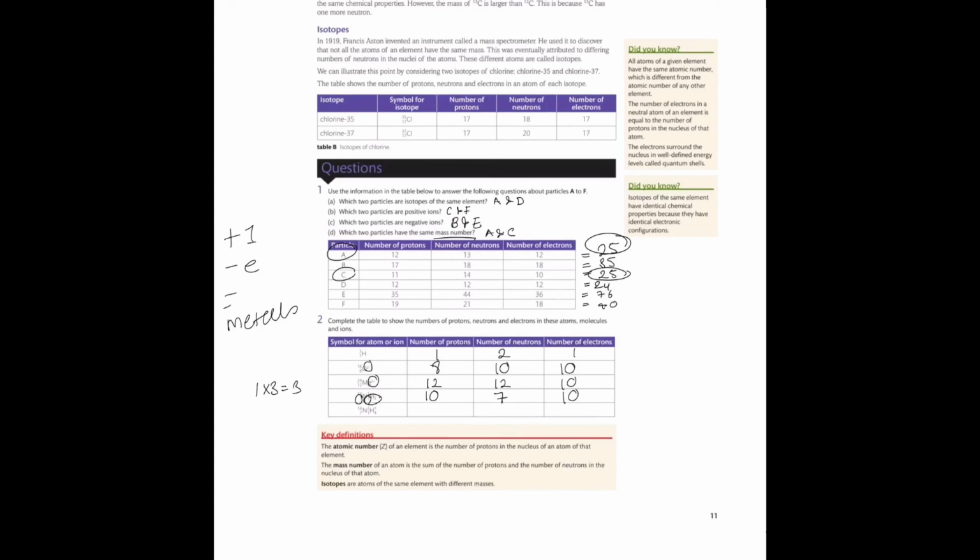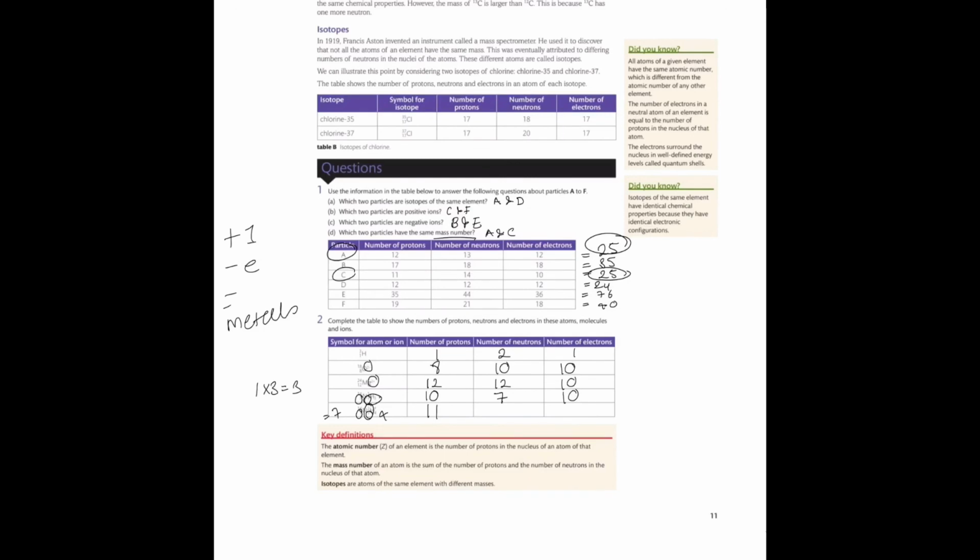Okay, and now the last one, number of protons. So we'd have 7 here, and we would have 1 here, but once again we have 4 lots of it, so that's 4. 7 plus 4 gives us 11. Number of neutrons is mass minus protons, so for the nitrogen we get 7, and as we can see this is an isotope.